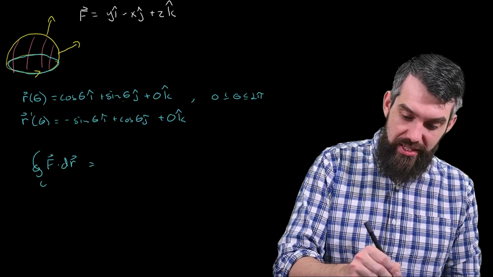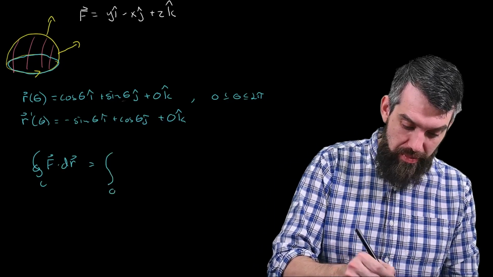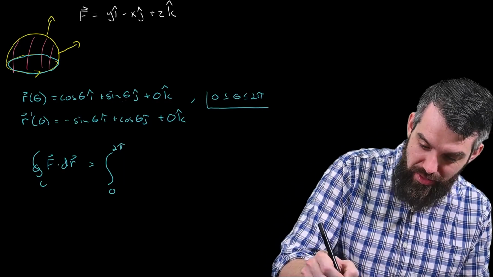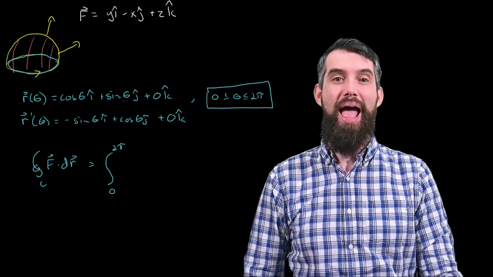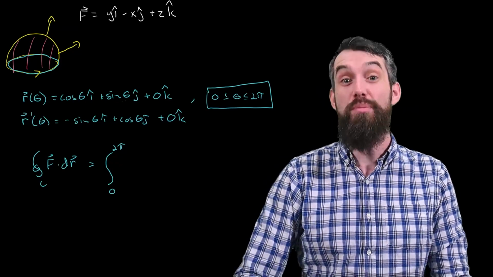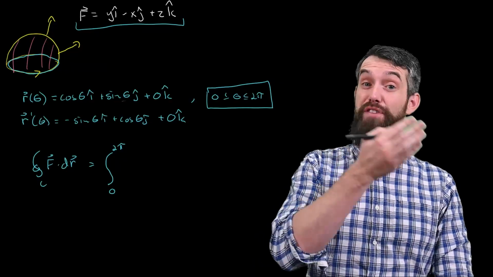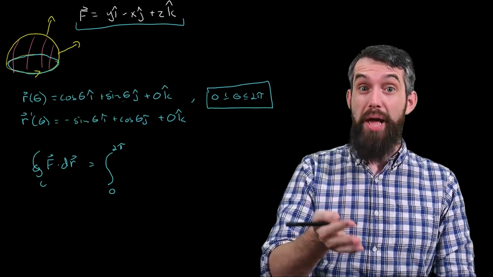This is the integral from 0 up to 2 pi. I added that the theta values are between 0 and 2 pi, as you should always tell the endpoints of your parameterization. So what we're integrating is the field F dotted with r prime dt.